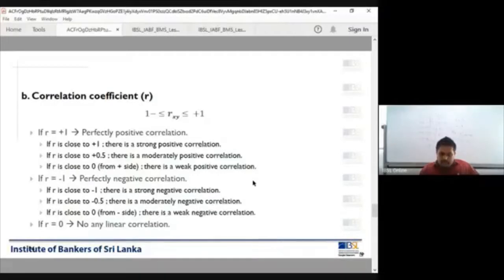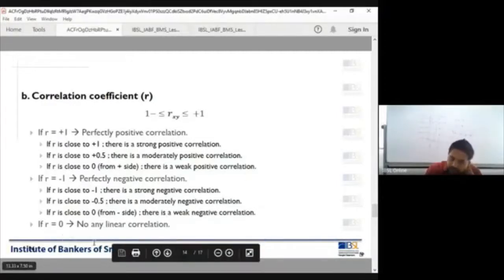The other important numerical value in between this range will be 0, r equals 0. When r is equal to 0, statistically, we could say there is no linear correlation. Important word, linear, okay? When r is equal to 0, we could comfortably say no linear correlation.